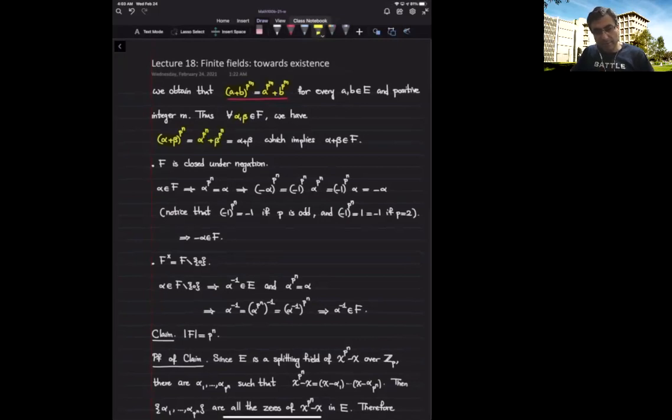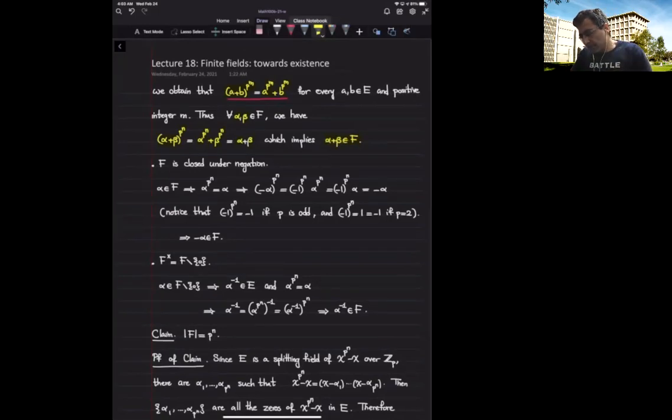But alpha and beta are inside F, which means the first term is alpha and the second term is beta. So altogether, alpha plus beta raised to the power p to the n is alpha plus beta. And thus, by definition, alpha plus beta is inside F, which means F is closed under addition.